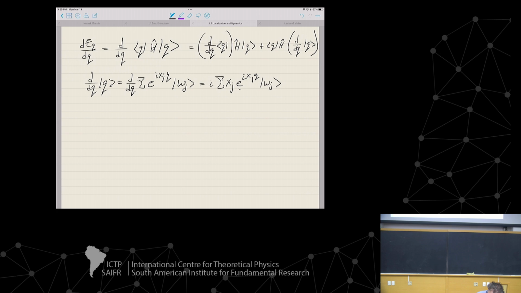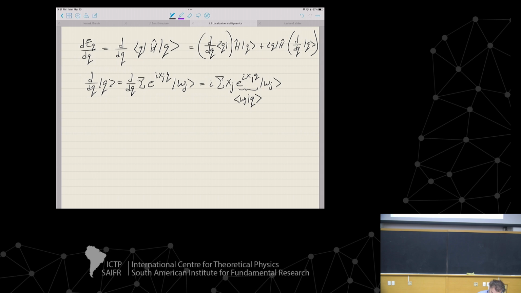But now I also know what this is. Remember, I told you that this is the same thing as W_Q bra ket with a Q, like that, right?